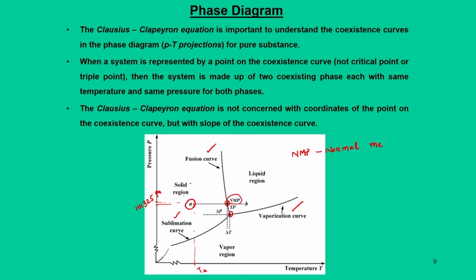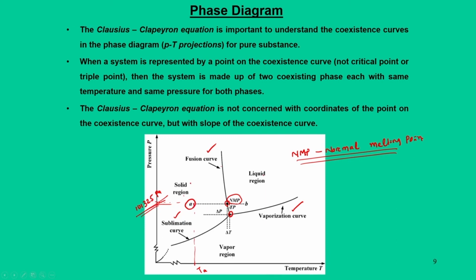I will give its significance later. Normal melting point means that this is at constant pressure. So basically when ice is heated, its temperature is increasing, and this heating takes place at constant atmospheric pressure.